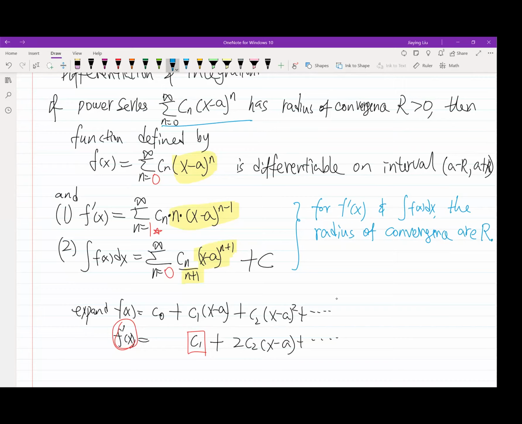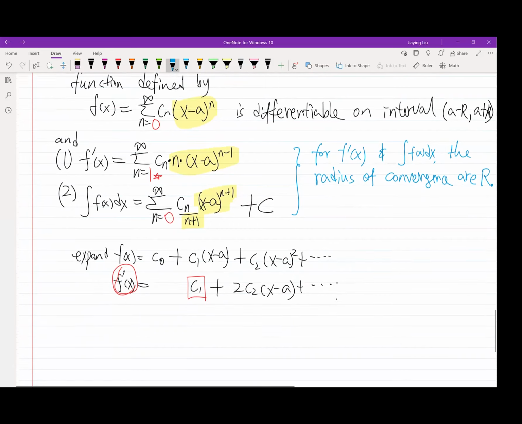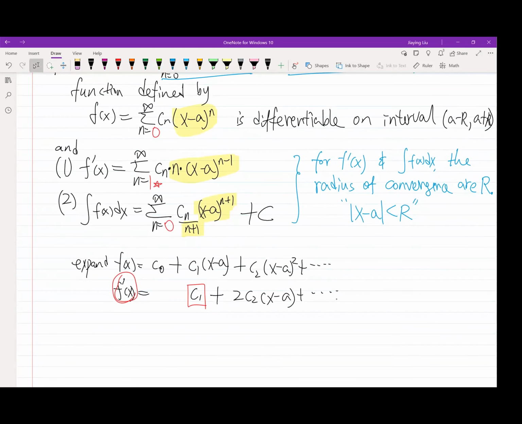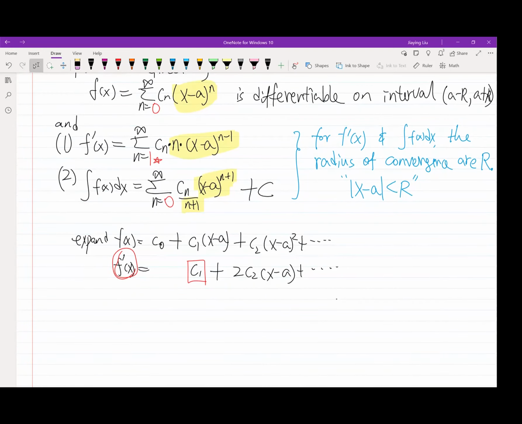So the power series of f of x has the radius of convergence R. When we take the derivative, it's still the same R, or when we integrate, it's still the same. Because we still have the absolute value of x minus a less than R. So any questions about taking the derivative and integrating? Just be careful with the derivative part. The n is not from 0, n is from 1. And then when we integrate, that's a plus c at the end.